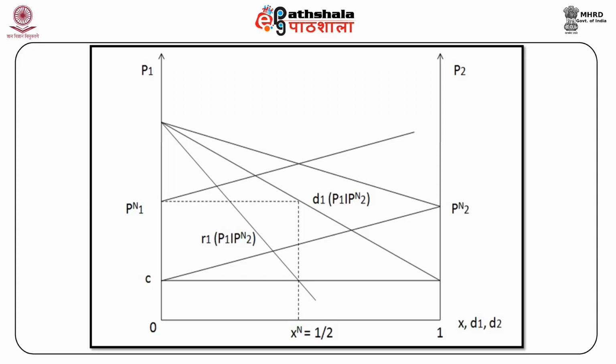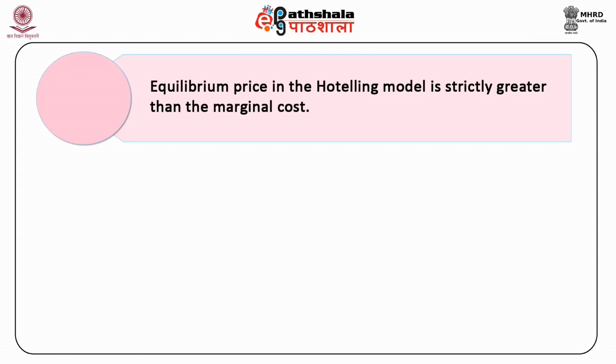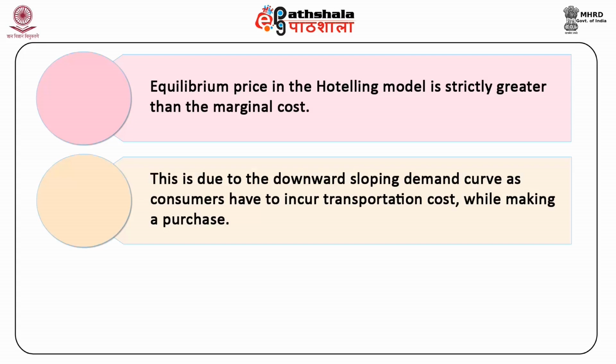As the marginal costs of both firms are the same, with P1* equal to P2*, it can be said that these prices constitute a Nash equilibrium. It can be concluded that the equilibrium price in the Hotelling model is strictly greater than the marginal cost. This is due to the downward sloping demand curve, as consumers have to incur transportation cost while making a purchase.